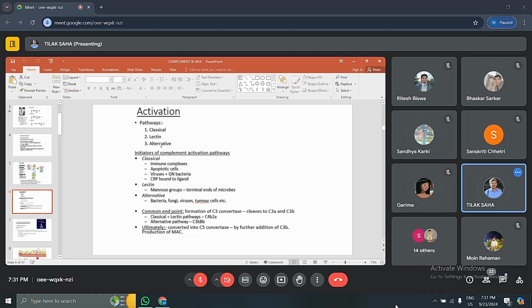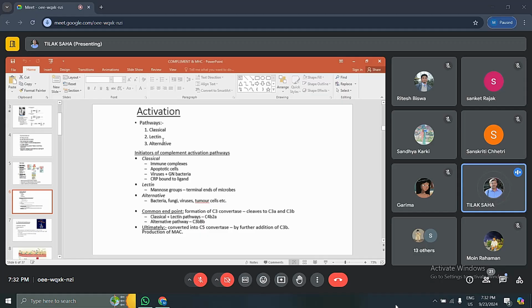Okay, very nice. So in between these two distinct pathways, there is another pathway known as the lectin pathway. It begins in a similar way like the alternative pathway, but with a definite molecule known as the lectin, like mannose binding lectin, MBL. These mannose residues are often present on bacteria and certain other pathogens.